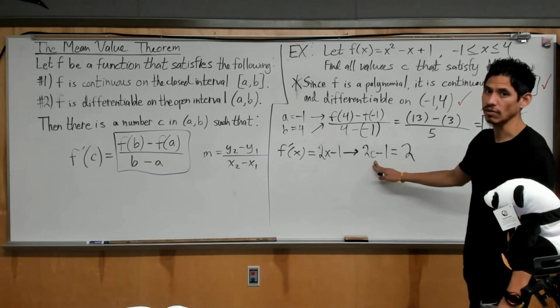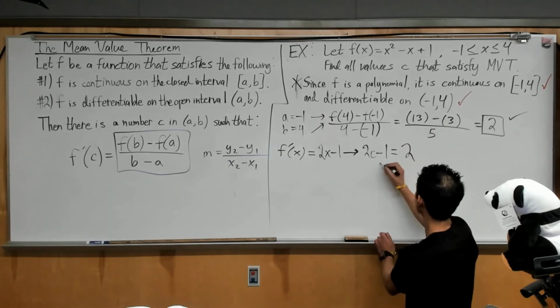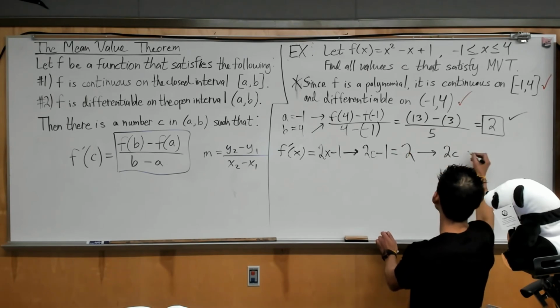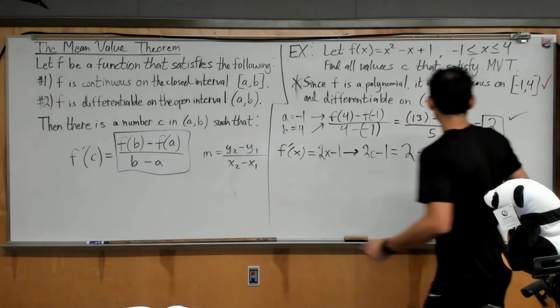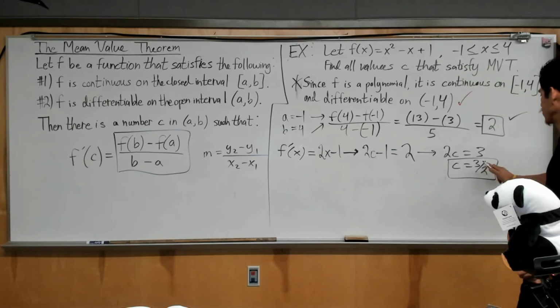So we simply solve for this. We'll get 2c minus 1, so 2c equals 3. So c equals 3/2. So this should be between the endpoints, and it definitely is, because 3/2 is just 1.5. 1.5 is definitely between -1 and 4.